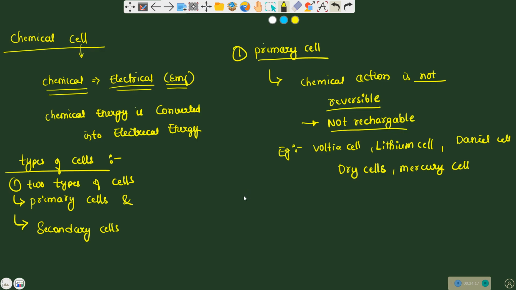What is a secondary cell? A secondary cell is exactly opposite to the primary cell. I will show you some practical examples of how they look. The chemical action is reversible.